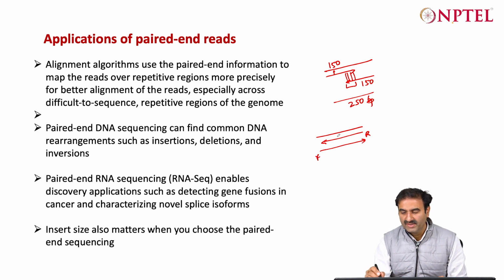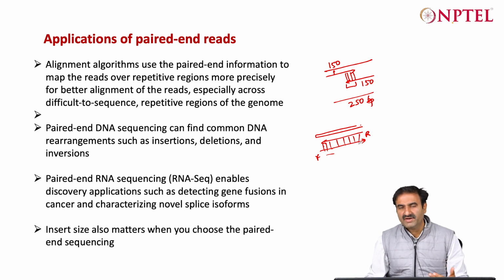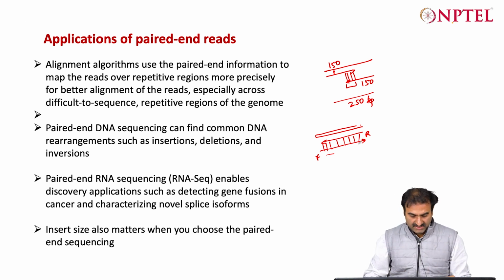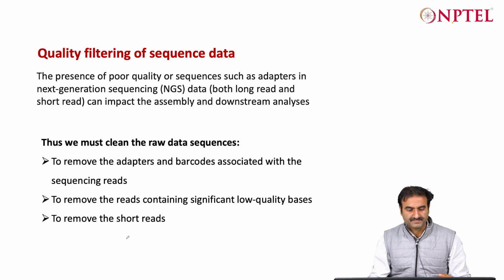So almost this whole fragment of DNA you have read in both directions, forward and reverse, and even if there was some error, it is corrected because you are reading in both directions. So insert size matters when you are using paired end reads for genomic sequencing and assembly.